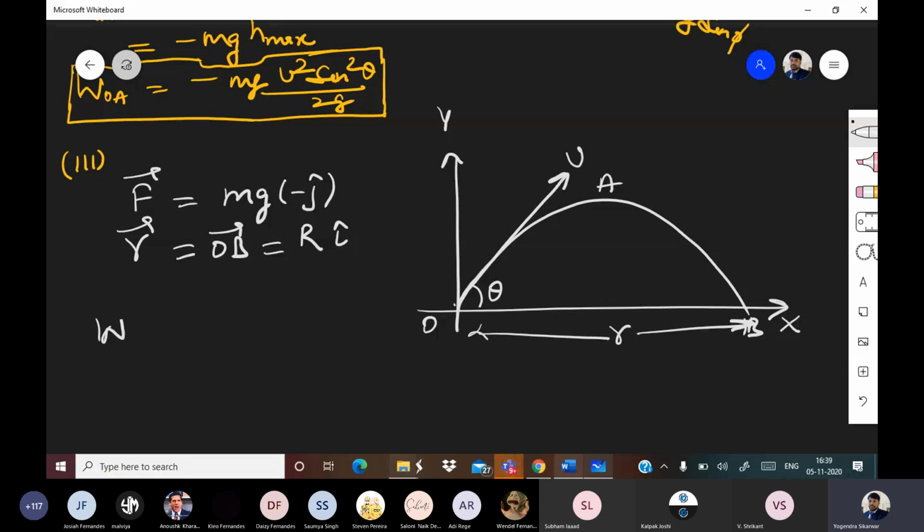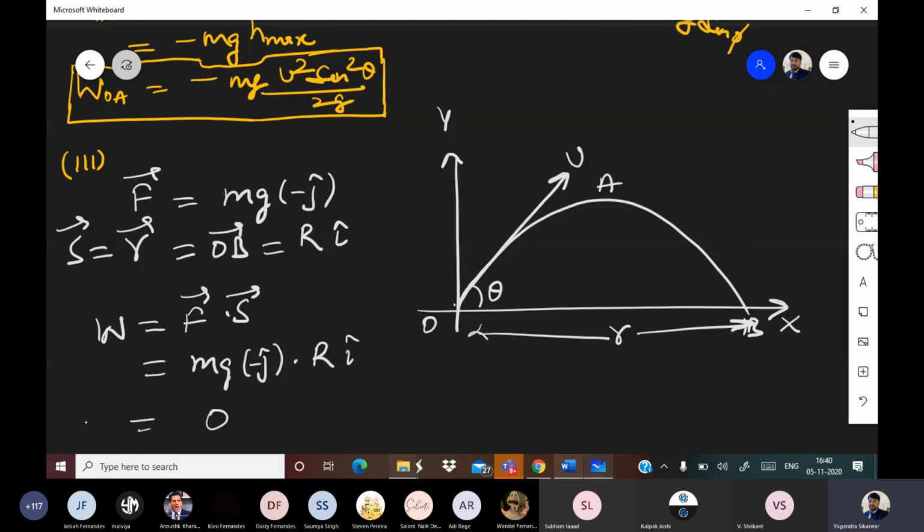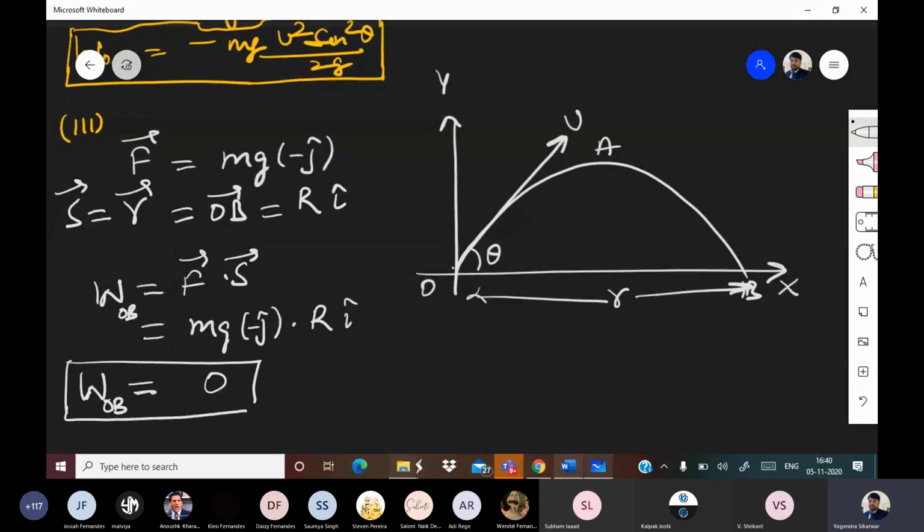So W is equal to F dot S, equal to mg minus j dot R i, is equal to 0, and that is W OB.